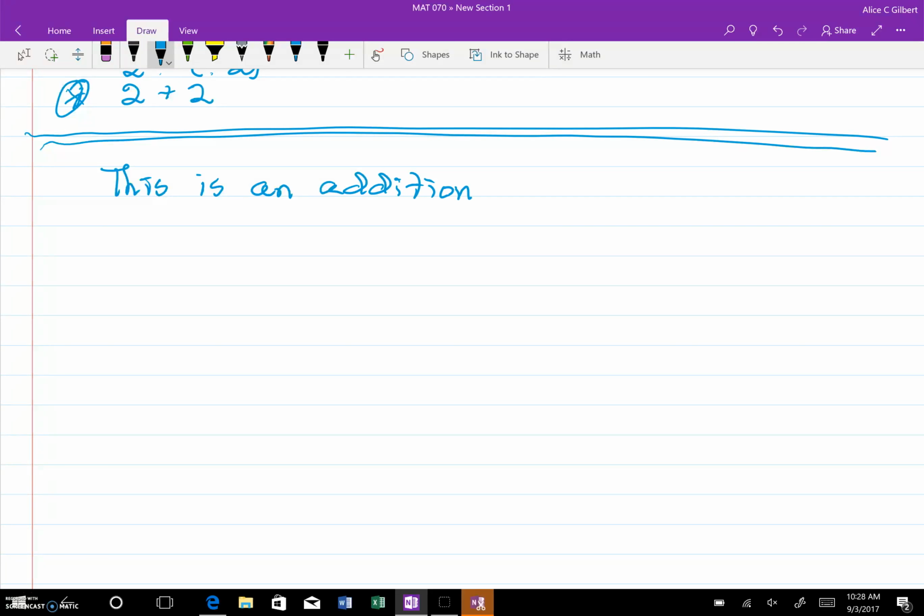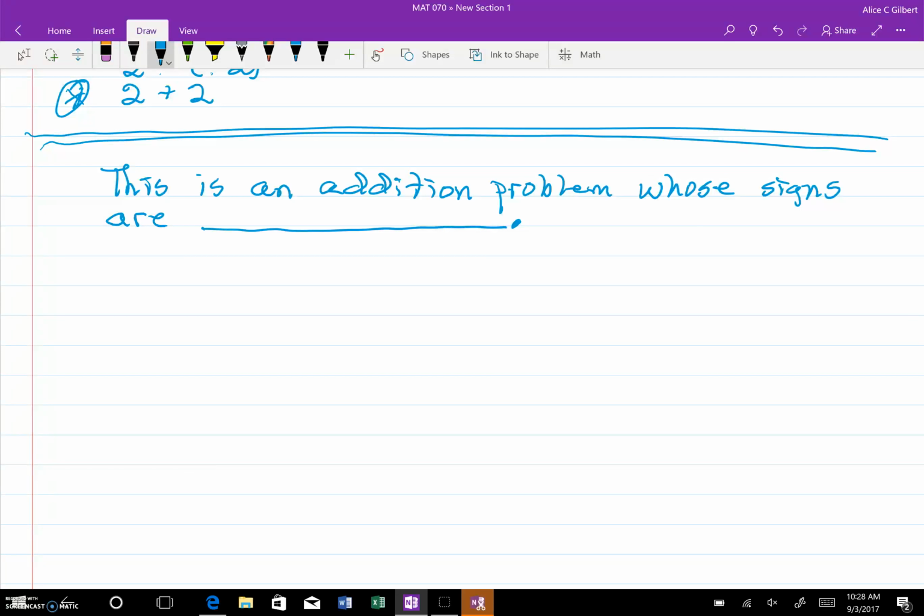No matter what the signs are, this is an addition problem whose signs are, and then you need to fill in this blank, and you only have two choices.